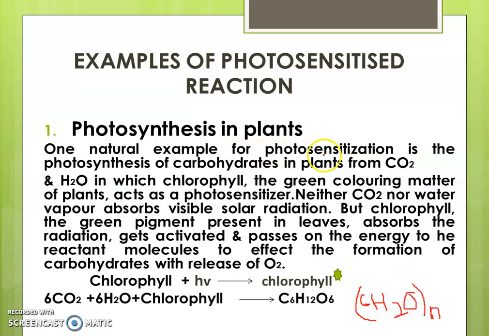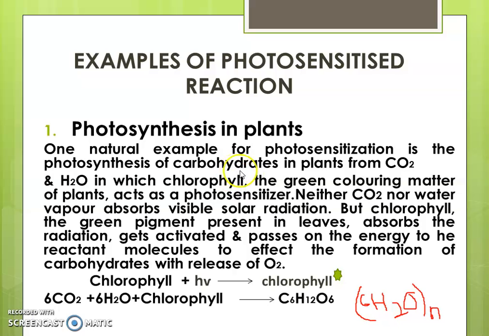Okay, that is, here one natural example for photosensitization is the photosynthesis of carbohydrate in plants from carbon dioxide and water, in which chlorophyll, that is the green coloring matter of plants, acts as a photosensitizer.